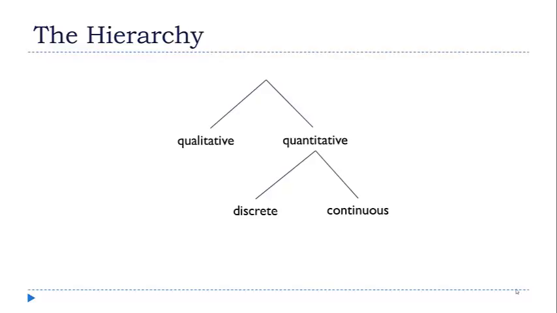On this slide, I've laid out the 4 categories that we've discussed so far in a kind of hierarchy. Variables in general can be divided into qualitative and quantitative. And quantitative can be divided further into discrete and continuous.